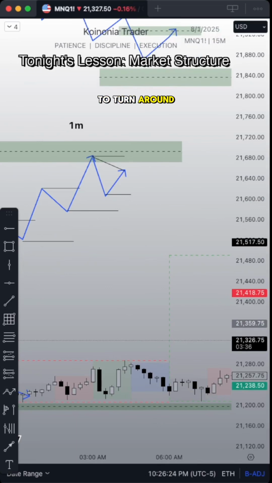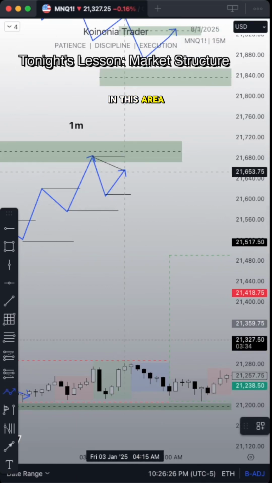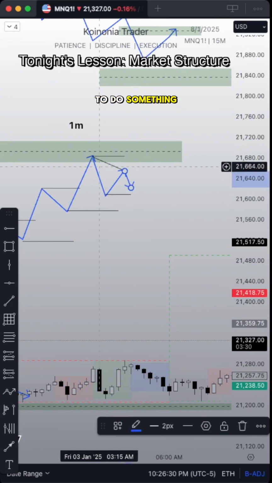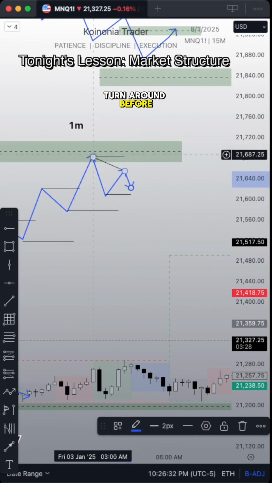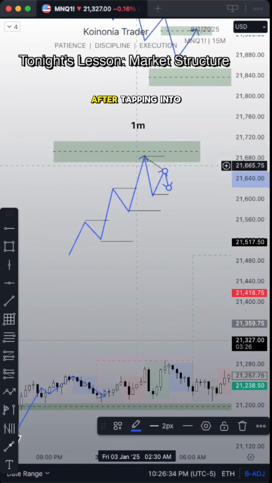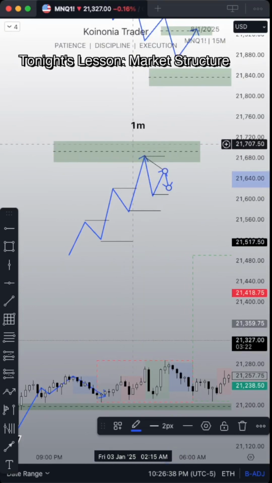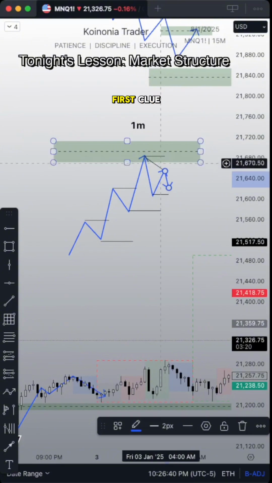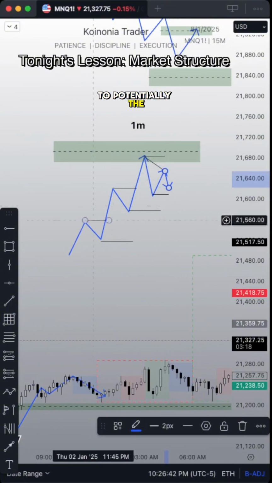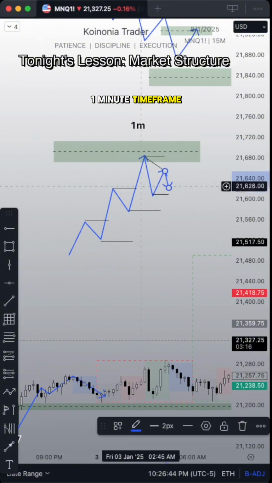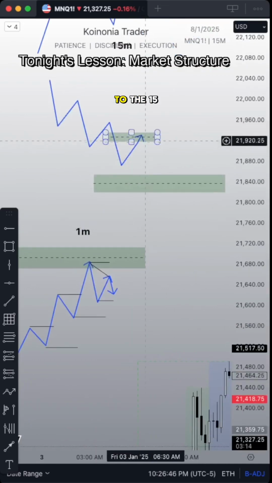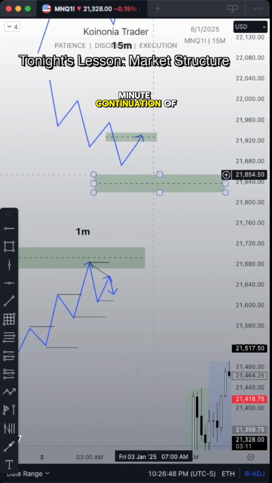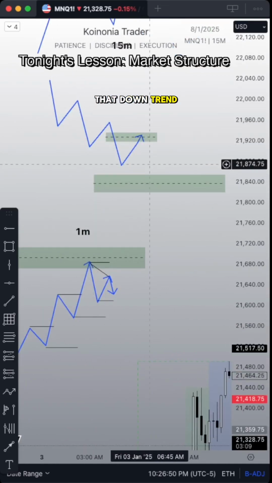If it starts to turn around in this area right here, if price starts to do something like that, it starts to turn around before creating a new high after tapping into that 15-minute point of interest, that is the first clue to potentially the reversal of the 1 minute time frame to then align to the 15-minute continuation of that downtrend.